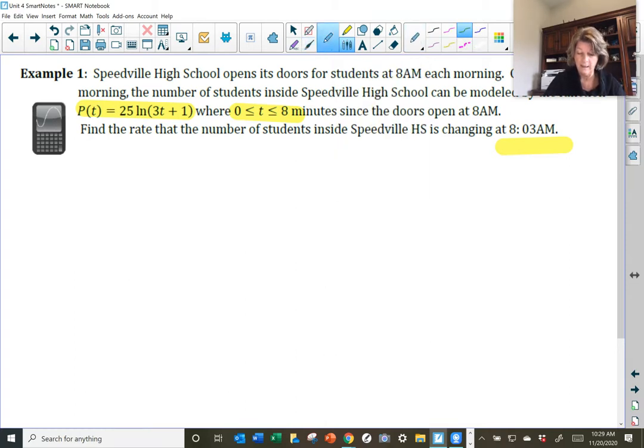And at 8:03, we were in minutes, so I'm 3 minutes beyond 8 because 0 would correspond with 8 a.m. So I want P prime of 3 is what I'm after. Taking the derivative of this would not be all that difficult, but since it allows me to use my calculator, I am going to use my calculator.